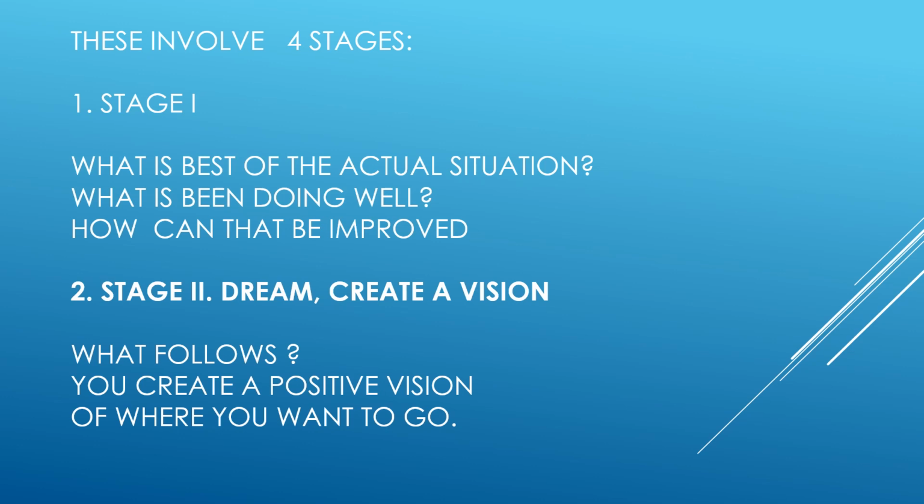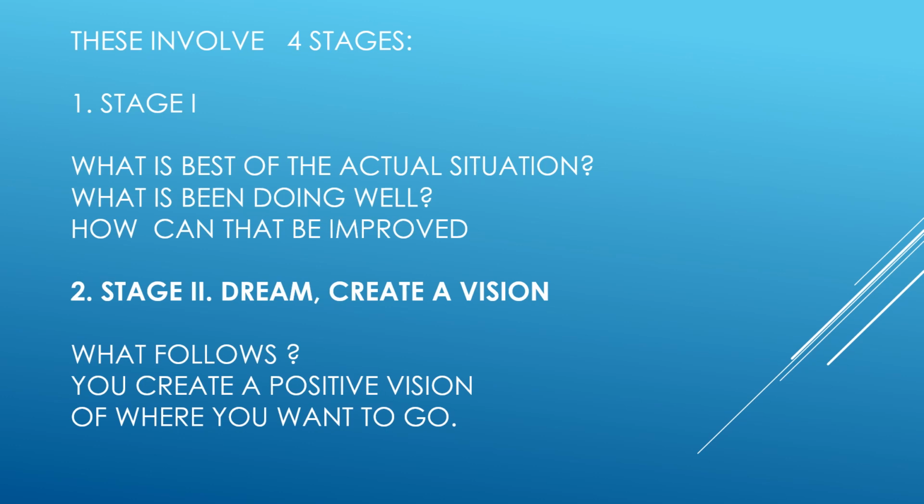So after doing an analysis, and after coming to a conclusion, you determine what can be improved. So you see everything that is done well, everything that can be improved, and you take the thing that's best being done well, and you determine how it can be improved.